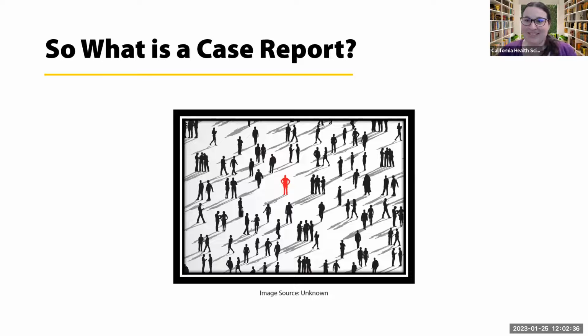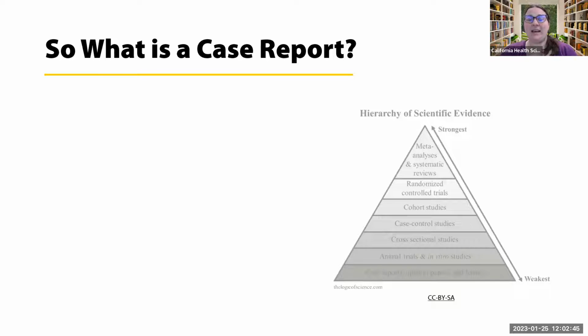So let's start with what is a case report. The case report is about one person, so that N of one. Because of that, it's at the lowest level of the hierarchy of evidence and considered one of the weakest sources.